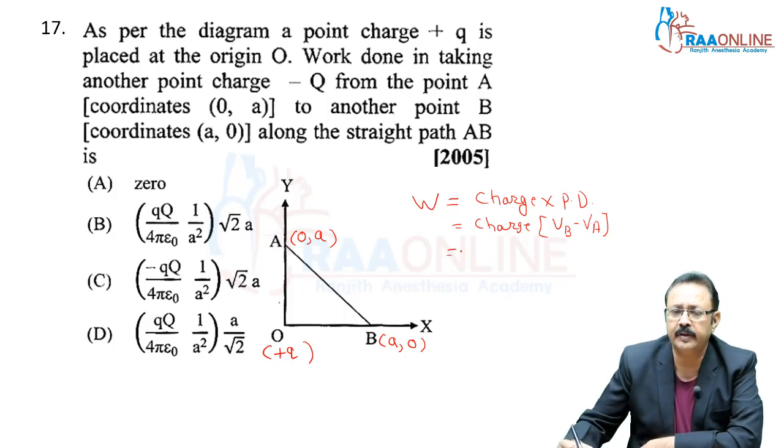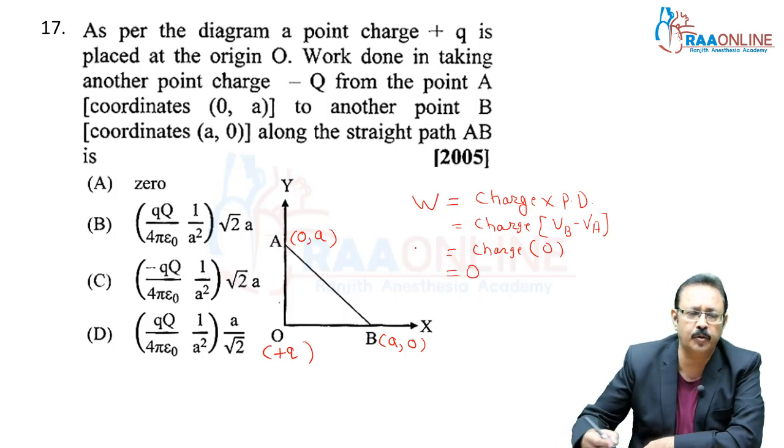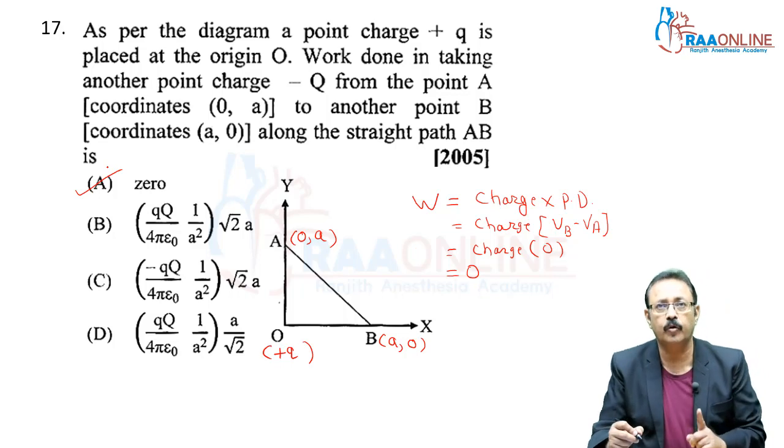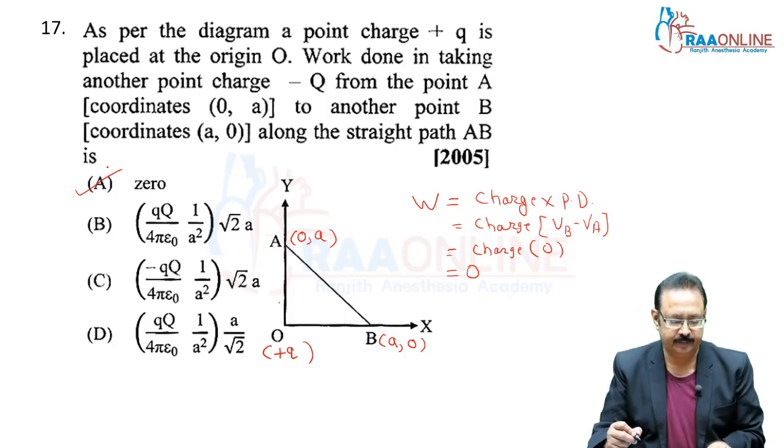So whatever be the value of the charge which is moving, in this case it is 0. So work done should be 0. So we will go with option A.